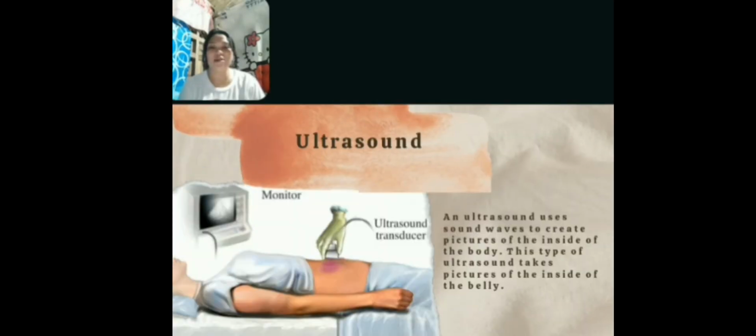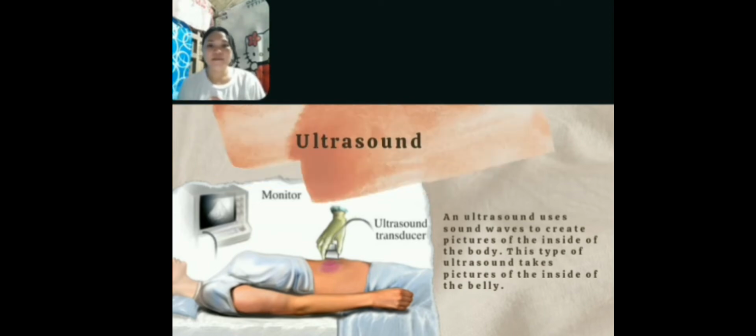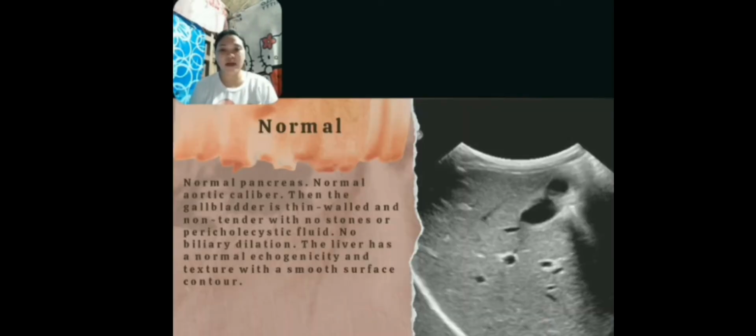So next is ultrasound. Ultrasound uses sound waves to create pictures of the inside of the body. This type of ultrasound takes pictures of the inside of the belly. This is normal: normal pancreas, normal aortic caliber.